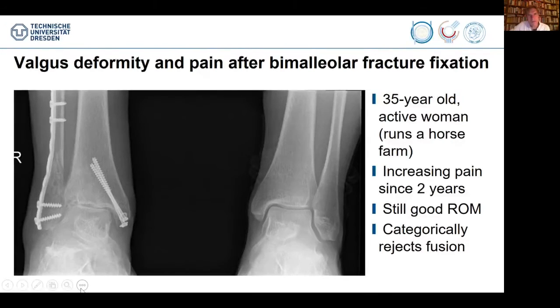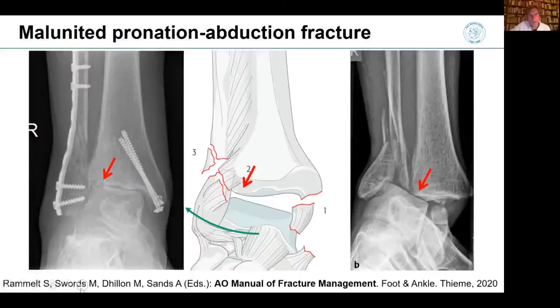So here you see a valgus deformity and pain after bimalleolar fracture fixation. Nothing was done to the anterior lateral part of the tibia. You see a slight valgus of the fibula, maybe some shortening if you consider the tibia, but not if you look at the Weber ball.